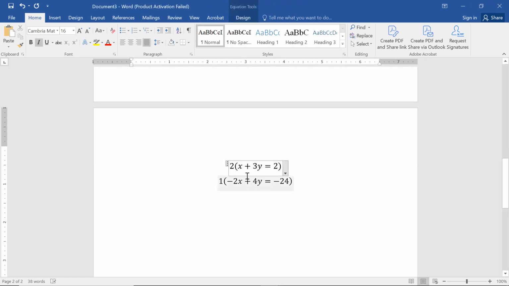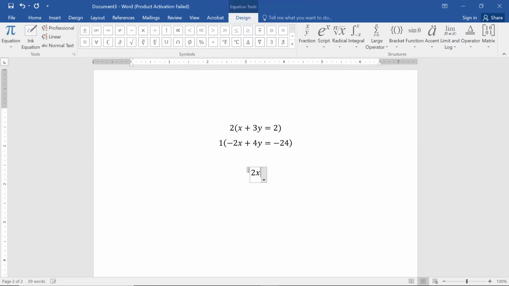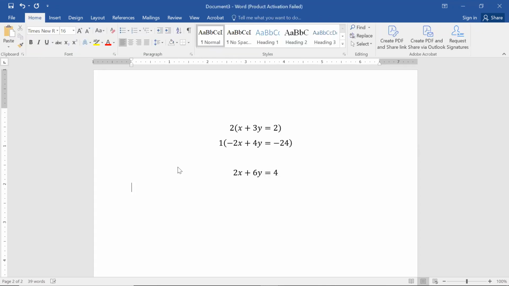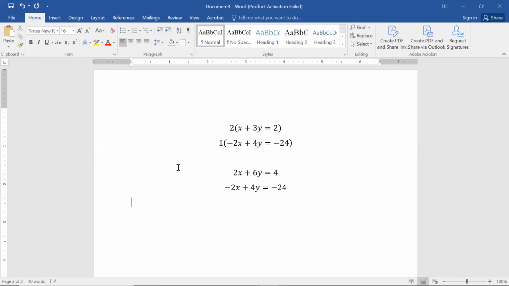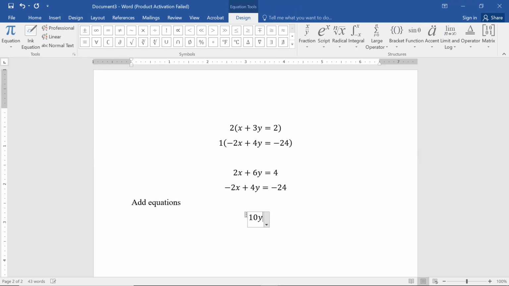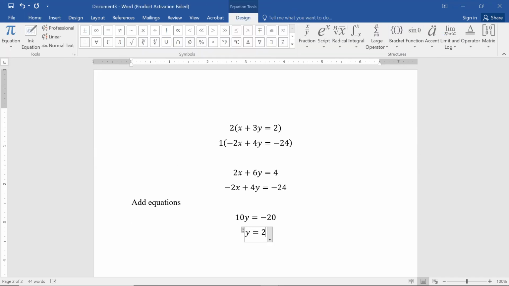It'll be easier to change the -2 to a +2. 2x plus 6y equals 4. And -2x plus 4y is equal to -24. Adding those equations together gives 10y equals -20. Dividing both sides by 10 gives a y value of -2.